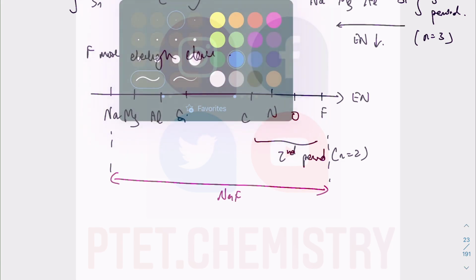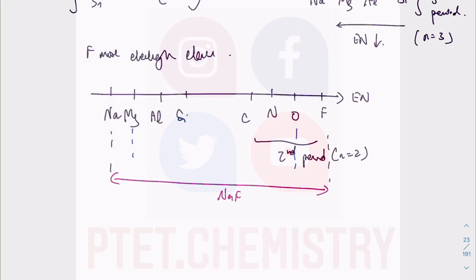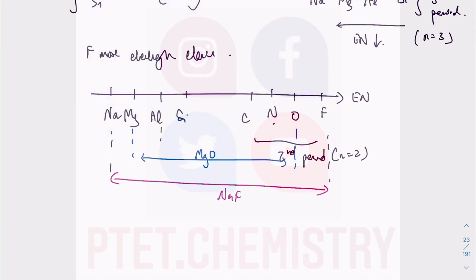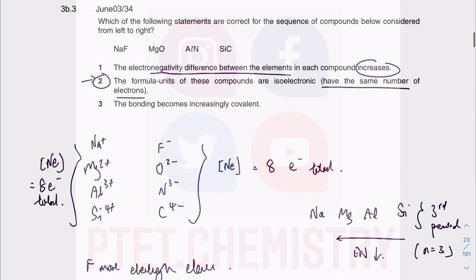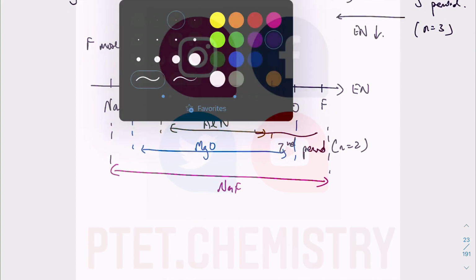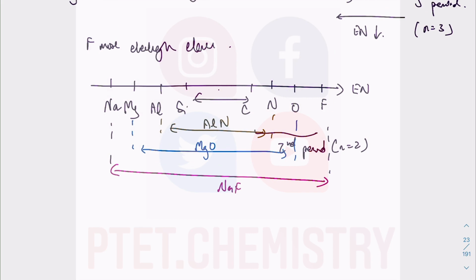And then if I use blue for the MgO, see the difference. How big of a difference is that? Is the difference getting bigger or is it getting smaller? Then AlN, sorry. And then of course the last one, without even showing it, that is SiC.